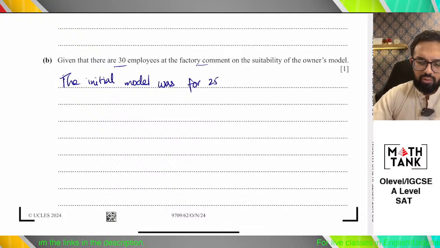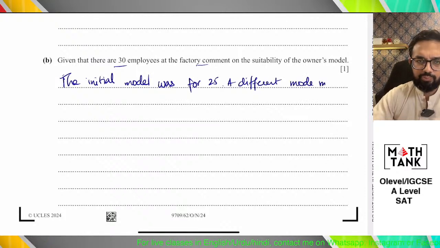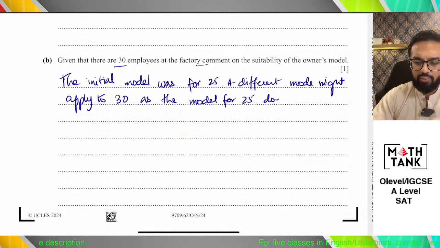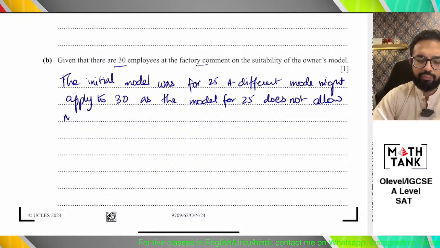A different model is needed for 30, as the model for 25 does not allow more than 25.